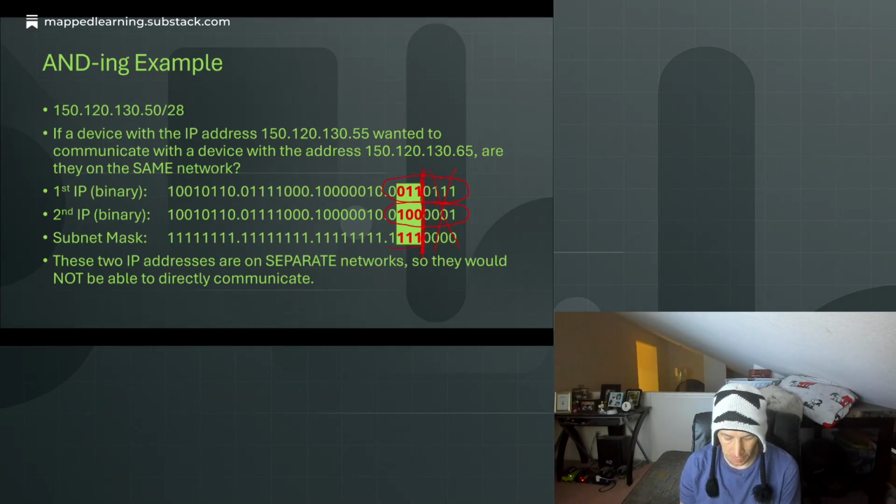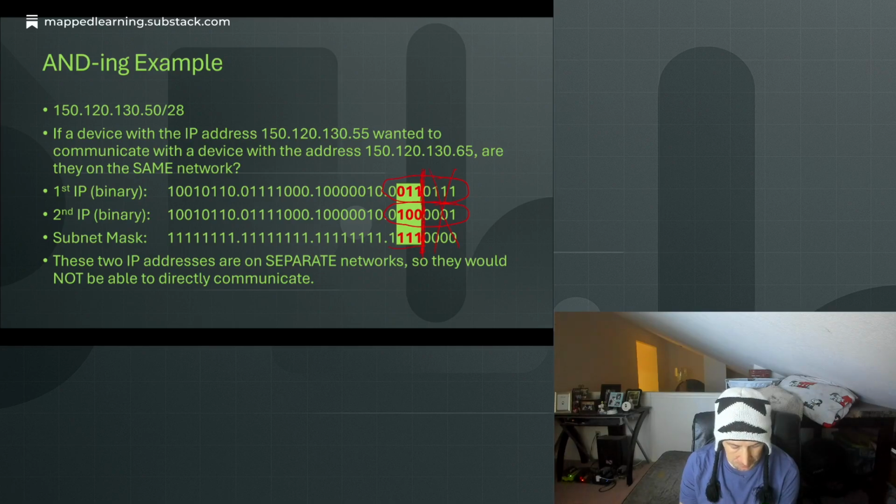Now, the fact that these two addresses both have zeros in the leftmost bit is not important. It doesn't mean that they're not in the same network. It means that the numbers are the same. So what we're going to do is look at every single binary digit from the left to the right and see where they differ in both IP addresses.